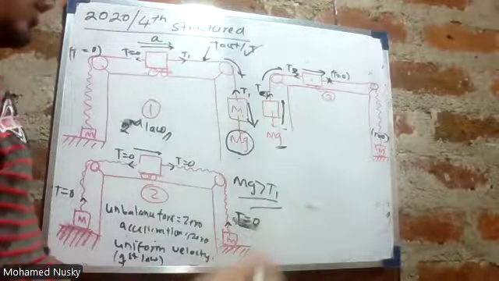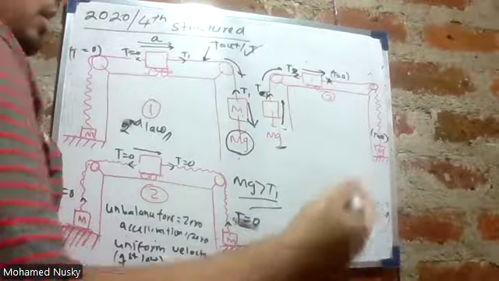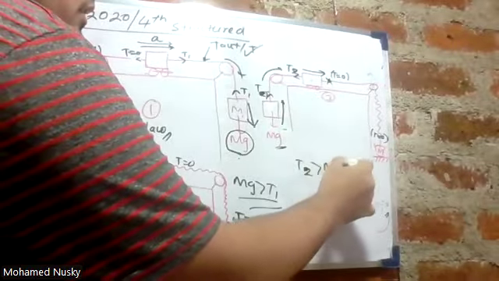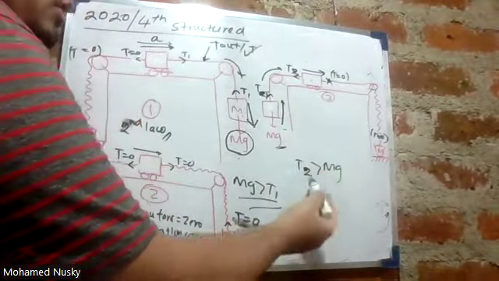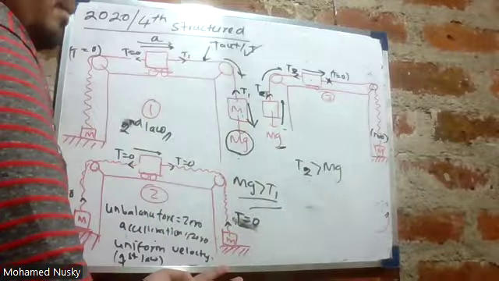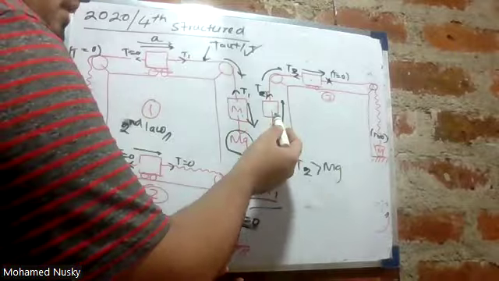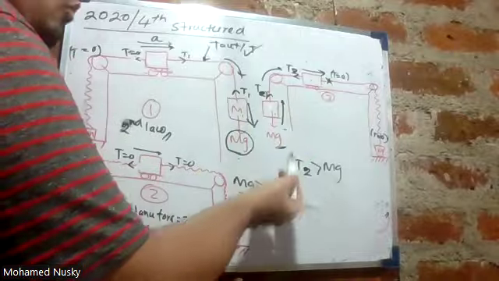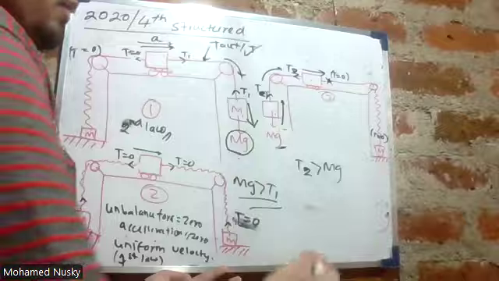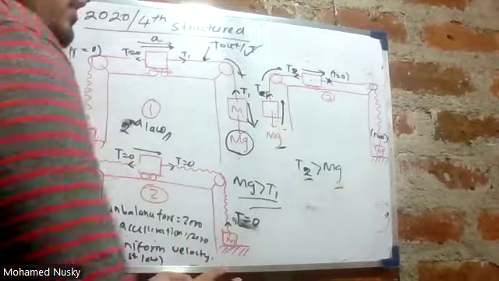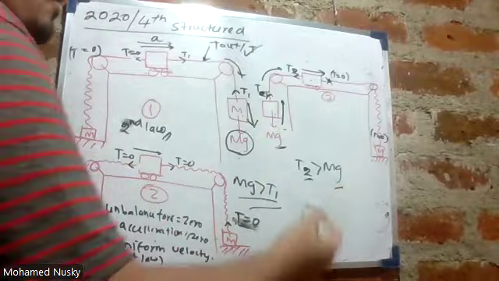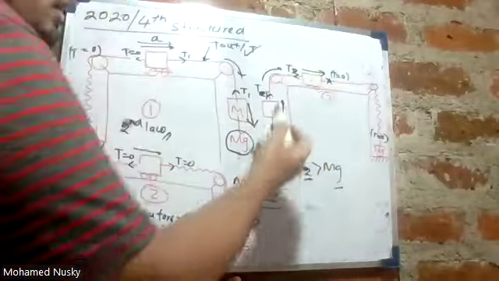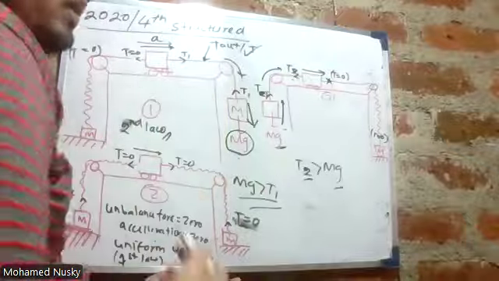Now, what can you say about T2 and mg? You can say that T2 is greater than mg. How can you say T2 is greater than mg? Because the mass is moving in the upward direction. This mass can move upward only when T2 is greater than mg. Therefore, the trolley is moving in the forward direction, and a force is acting in the backward direction.